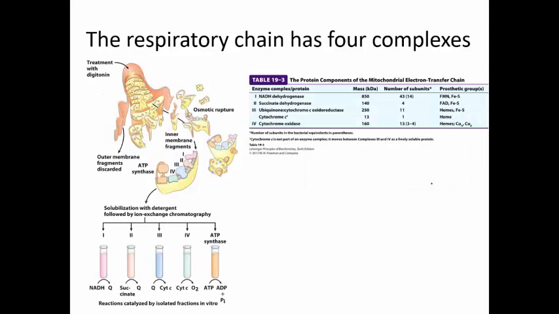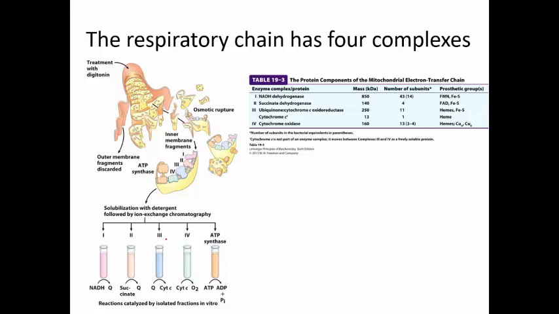All right, so the respiratory chain has 4 complexes, and what this is showing you is one way we can tell that. You can take the mitochondria, break it apart, use detergent to get all of the integral membrane proteins out of the membrane, and then run it through ion exchange chromatography to separate out all of the proteins.